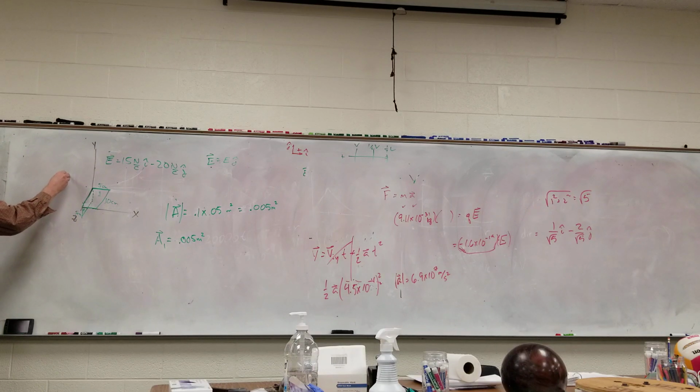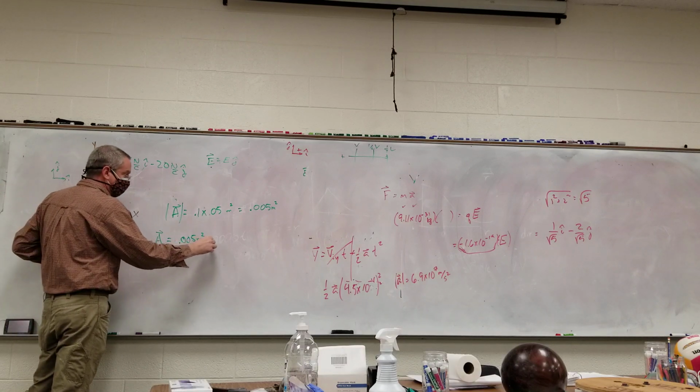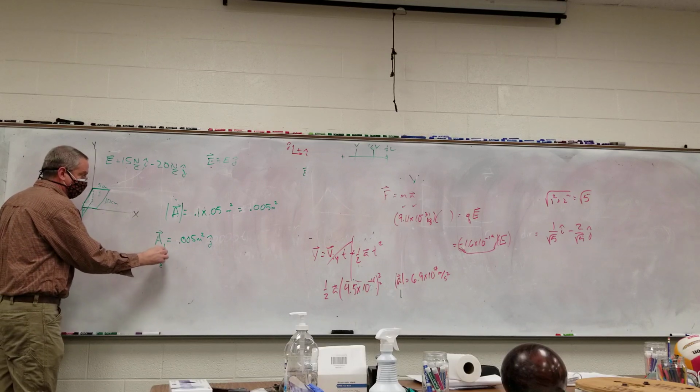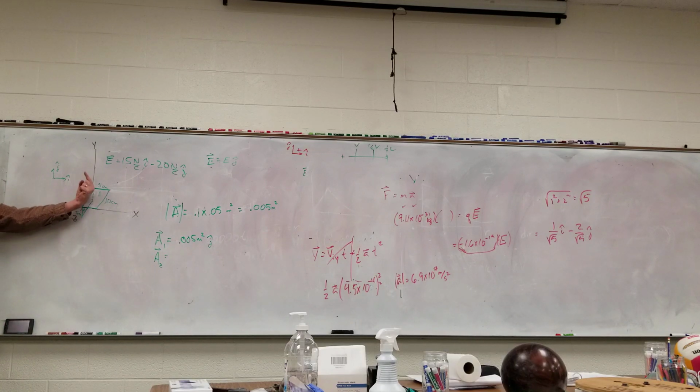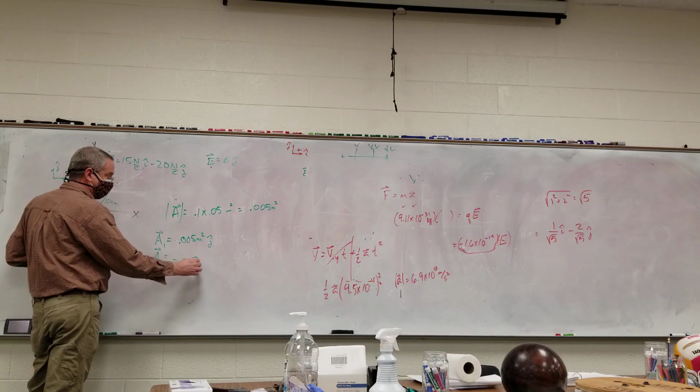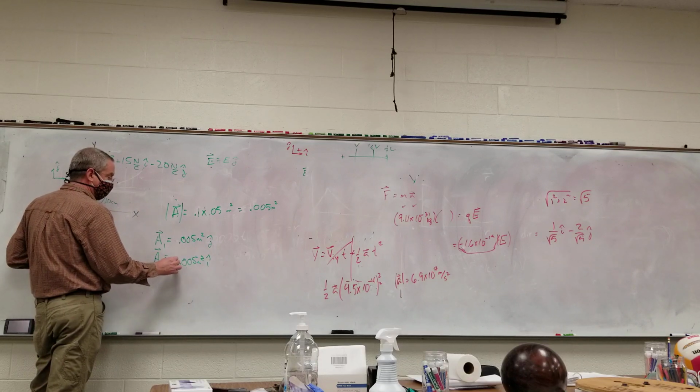And let's make this I and J directions right there, and then pointing up, so that would be J hat. My area vector for 2, well, since I've chosen this side of it, I have to stick with that side of it, and so the other area vector would be in the negative x direction, so negative 0.005 square meters I hat.